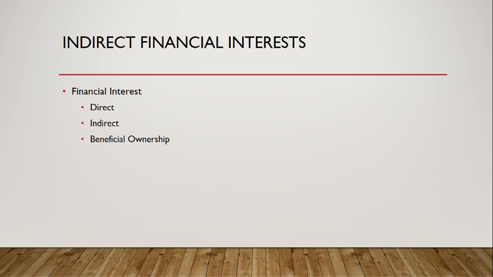If you are a covered member and you receive, or you learn you will receive, what's called an unsolicited financial interest, so you didn't go out and buy it, but you are going to receive it in an ed test client, that is either a direct interest or a material indirect interest.